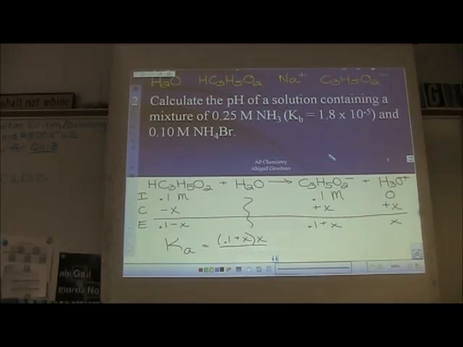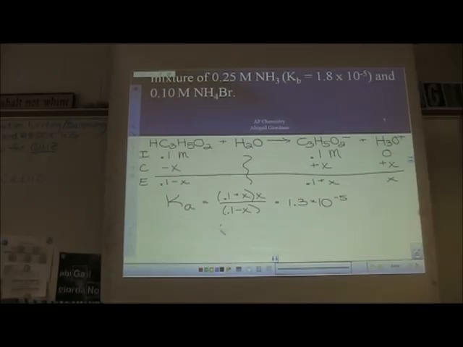You don't need to graph this one. I'm going to do it for you because this is just an example. Solve for X. It was given to me in the problem. The Ka was. Okay? Not a coincidence that X comes out to equal the same number. Yeah, what's in the parentheses ends up basically canceling out.